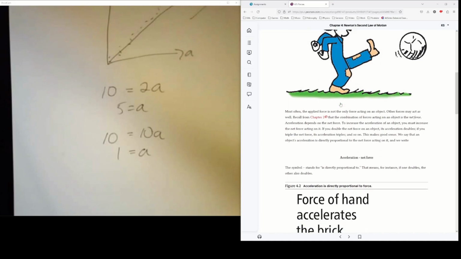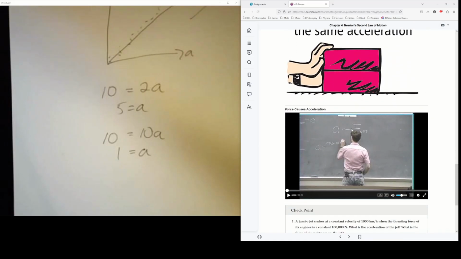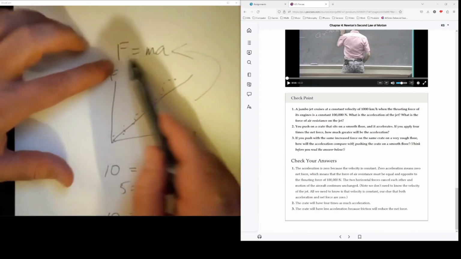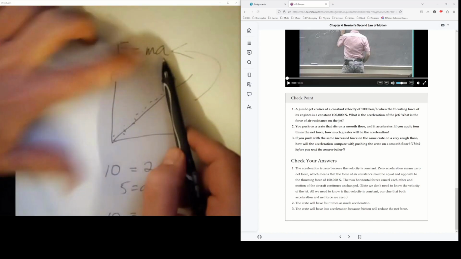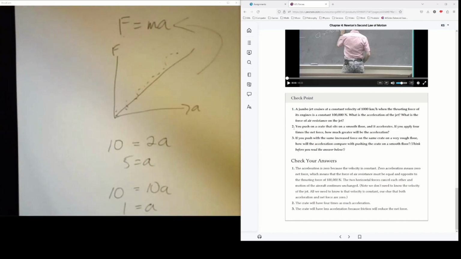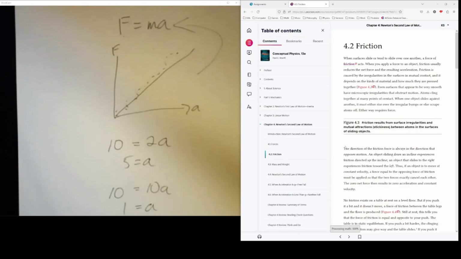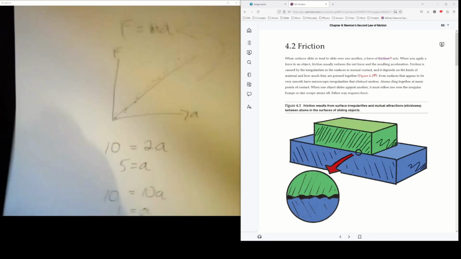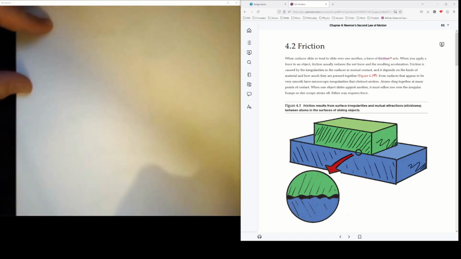And as we're talking here with forces, in order to get something to move, you have to apply a force. You have to apply a force to give that object an acceleration so it can start moving. And friction. So I see they got a picture here. Maybe I can exaggerate that a little more.